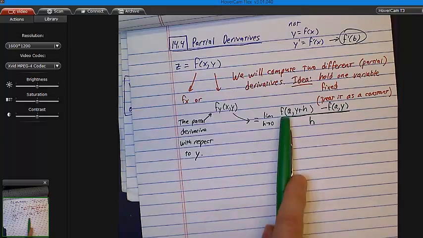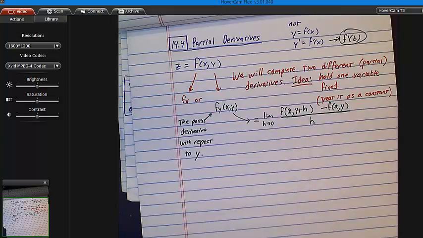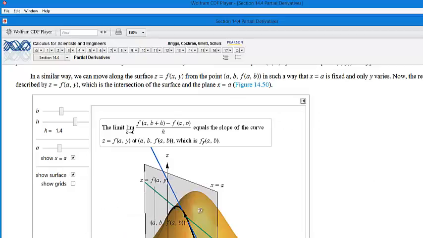Because if you hold the x input constant, you've just, on the picture, restricted yourself to this plane, x equals a. And so we're in the Calc 1 world, right? One nice thing about doing derivatives this way is that you are in the Calc 1 world, which means all your old rules still work.